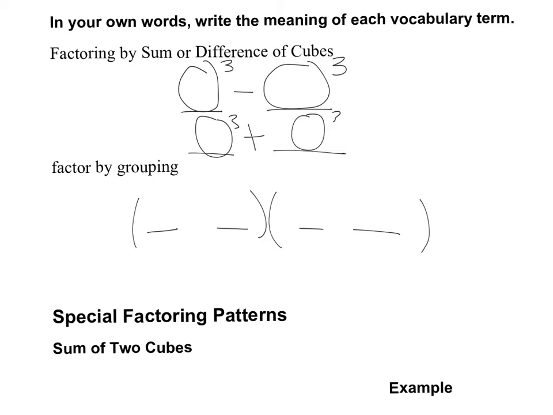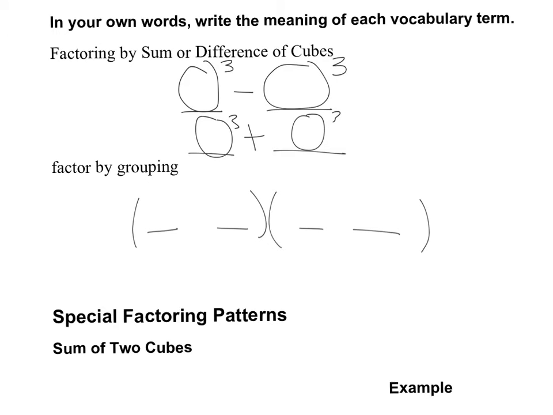I know it's not on here, but that's the other way, by looking for GCFs. So if you don't notice a difference of cubes and there are not 4 terms, you can use GCF to try and factor it.